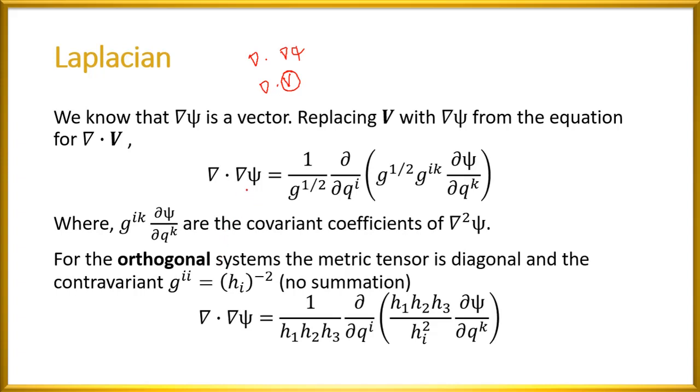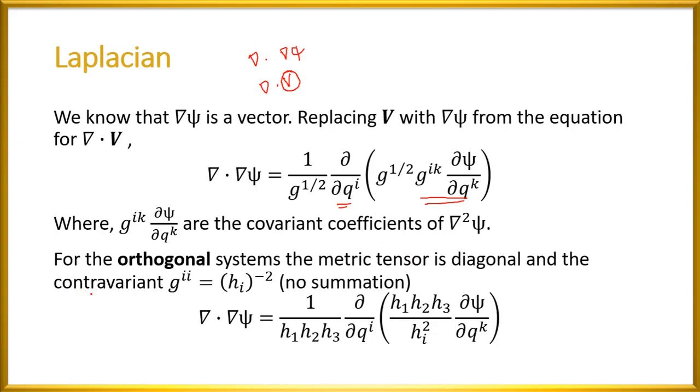Just v is replaced by dou q_i of psi. Therefore, dou by dou q_i comes over here, psi goes over there. And we can see that these symbols over here give you the covariant coefficients of del square psi.